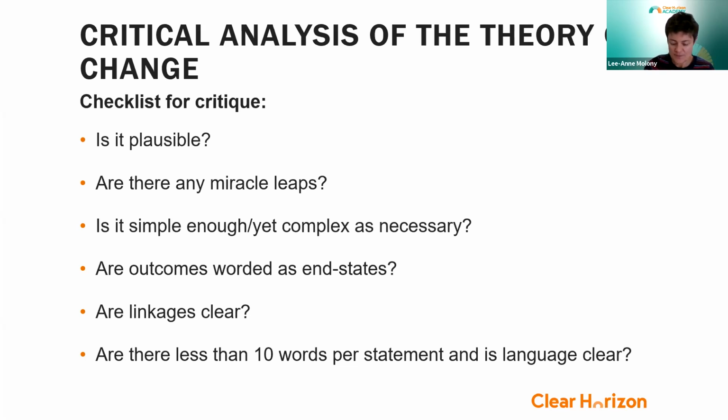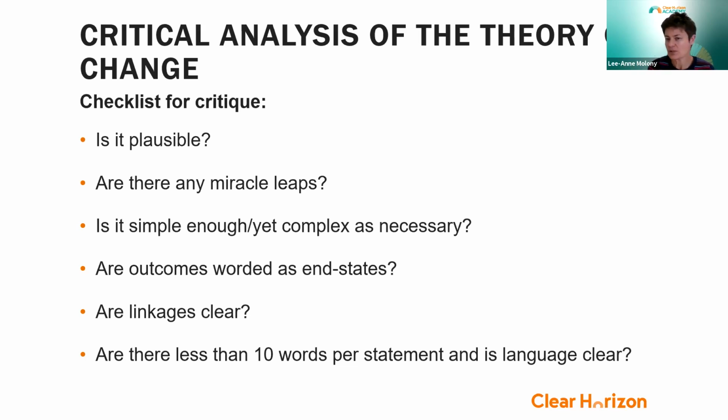But there's some kind of stepping out of, there's more awareness, more understanding of how to do these things differently. Of course, there's some assumptions around willingness and motivation as well. And that might lead to people changing their perceptions about what they should be doing, and that might lead to behaviour change down the track. So expecting that a webinar might lead to large-scale behaviour change, that is what we would call a miracle leap.